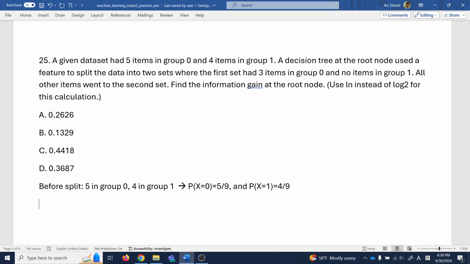Now, the entropy is calculated as the expectation value of the log.